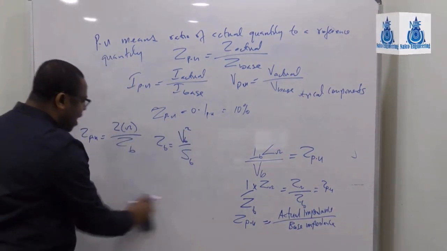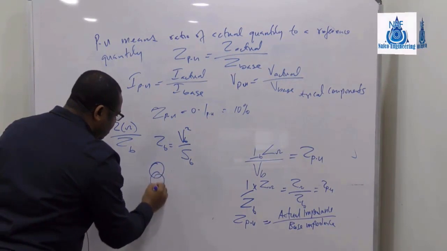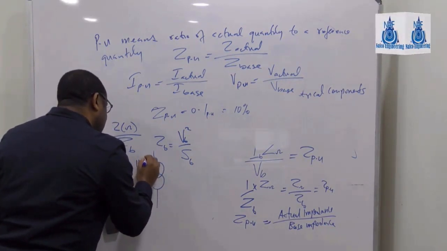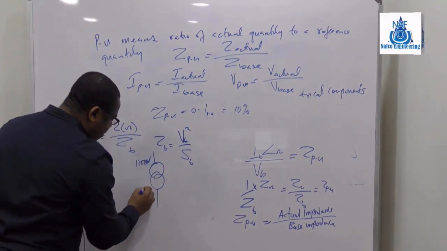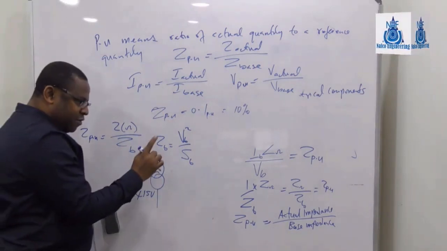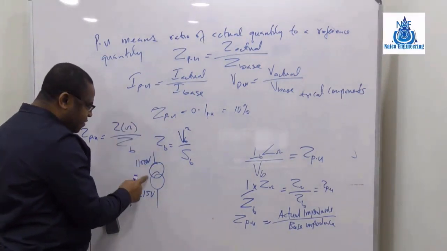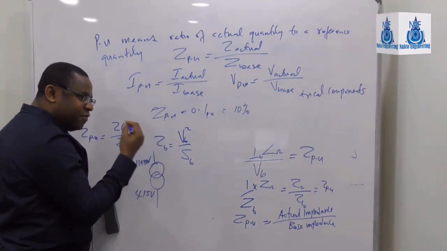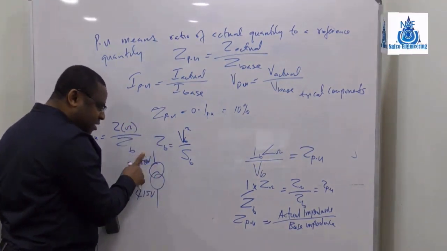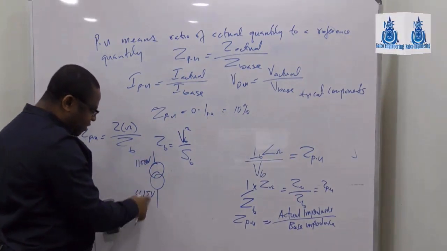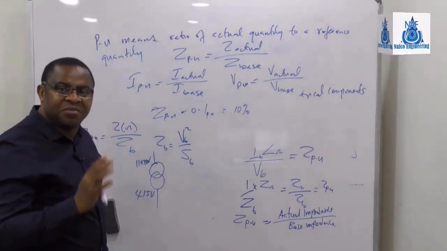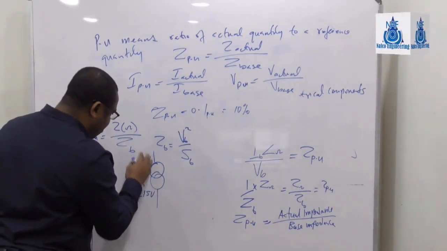So if I have a transformer like that, and this is 11,000 volts and here is 400 or 415 volts, the base voltage on the primary is 11,000 and the base voltage on the secondary is 415. So depending on where you want to get the Z base, whether this side or that.